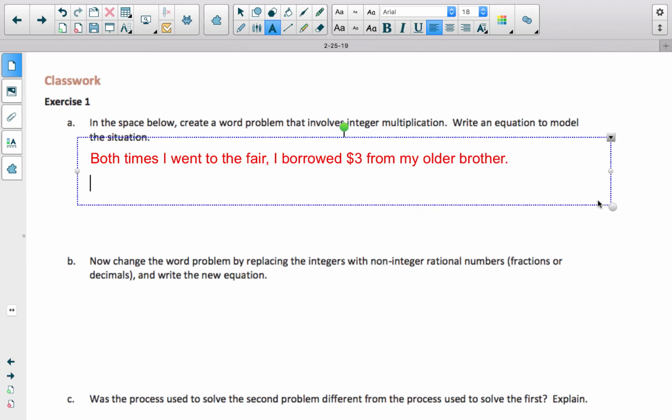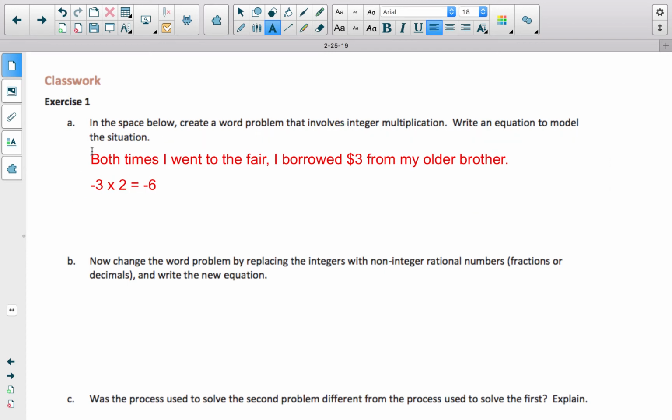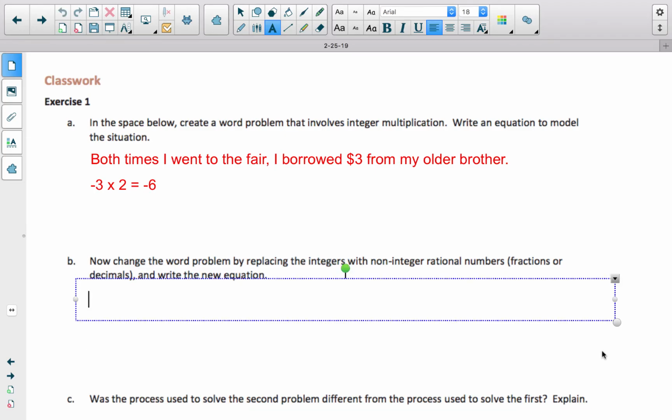So this equation would be negative 3 times 2, which equals negative 6, right? You borrowed $3, that's a negative value, and you did it both times I went to the fair. That's 2 times. Now for B, I'm going to change these integers to rational numbers.